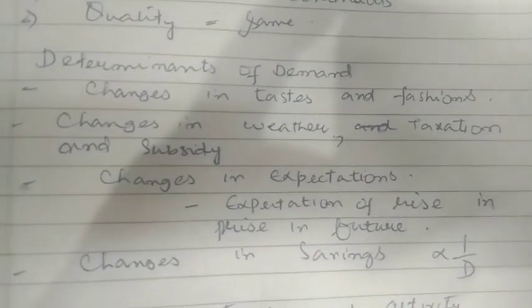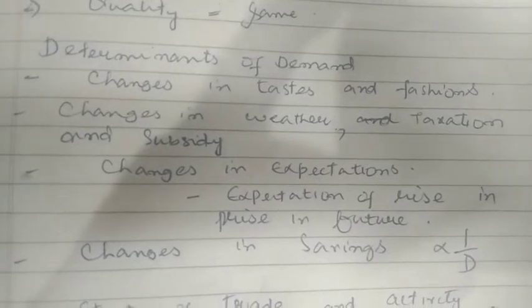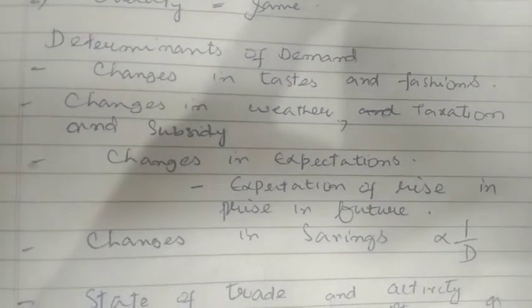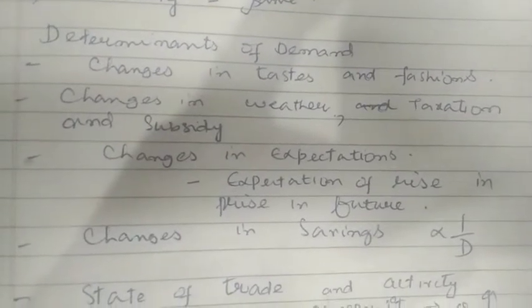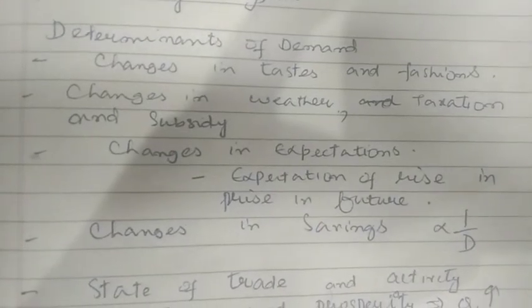Changes in savings. If you have a 50,000 salary, and you decide that you will save 20,000, you are now using only 30,000 for buying something, so your demand for the same object has decreased.